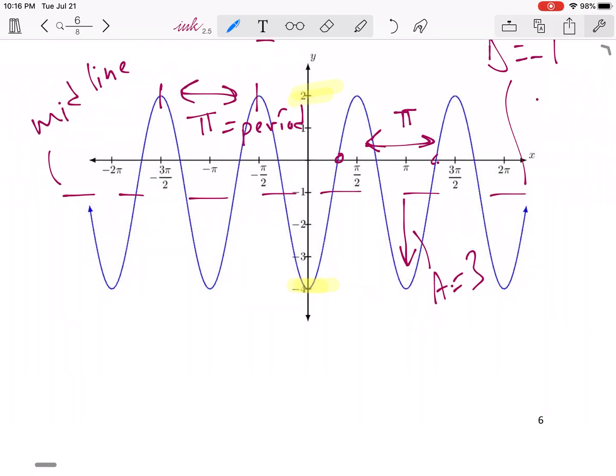So remember, for both sine and cosine, you can use this equation here. The period is equal to 2 pi over b. So for this particular graph, the period is equal to pi.